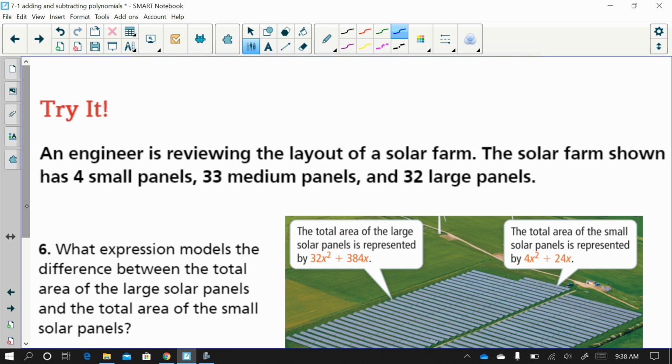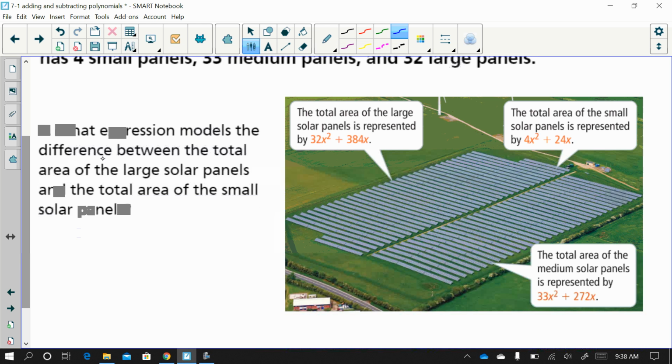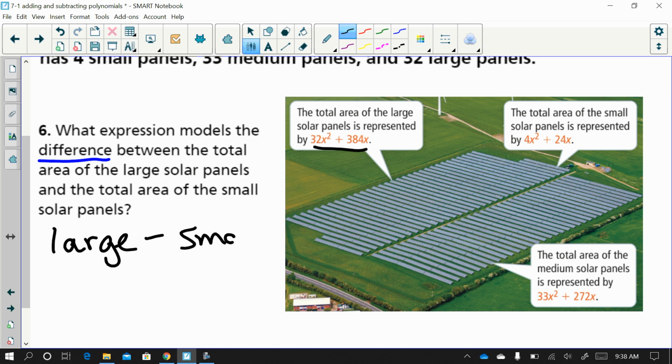Okay, and the last one here. What expression models the difference between the total area of the large panels and the total area of the small panels? Difference means subtract. I'm going to take my large minus small. So my large is represented by 32x squared plus 384x.